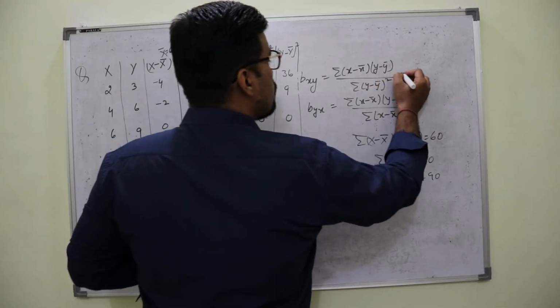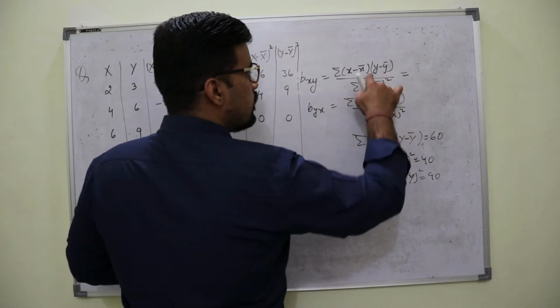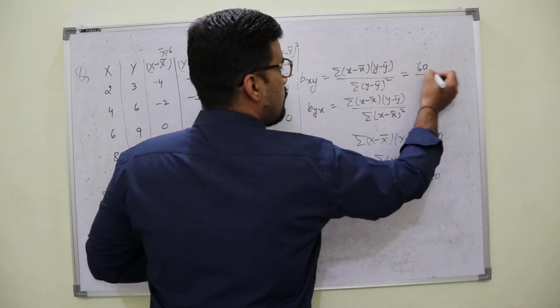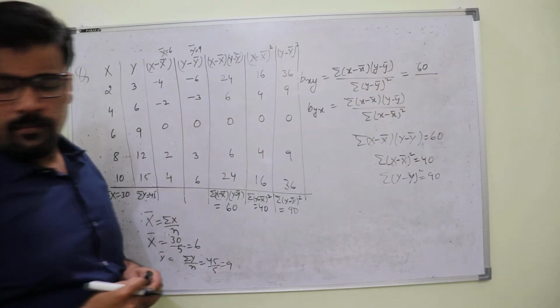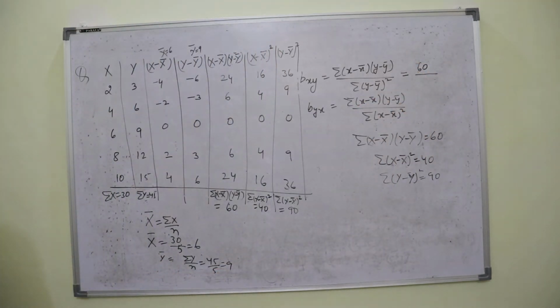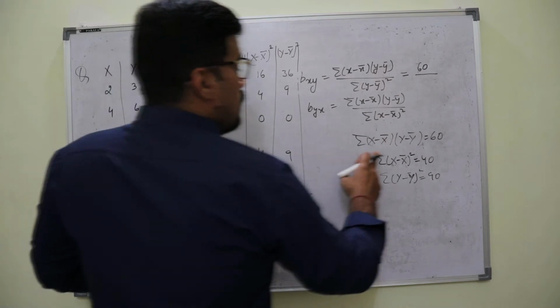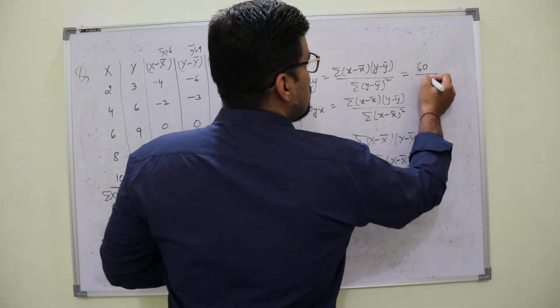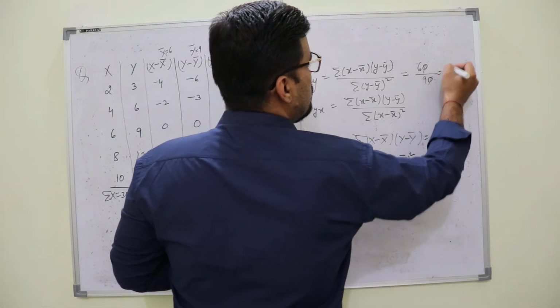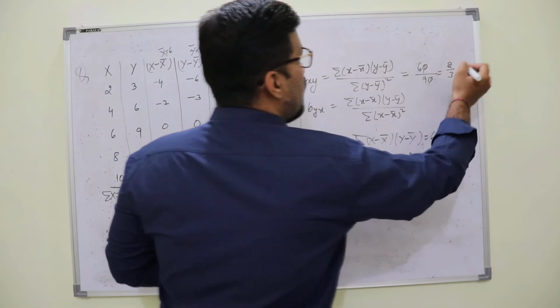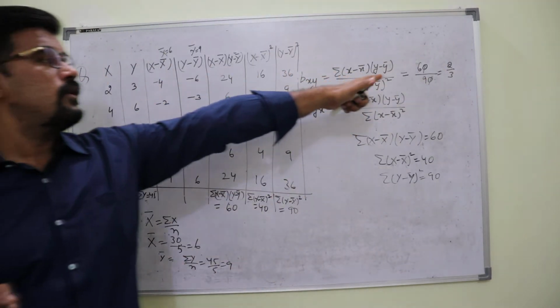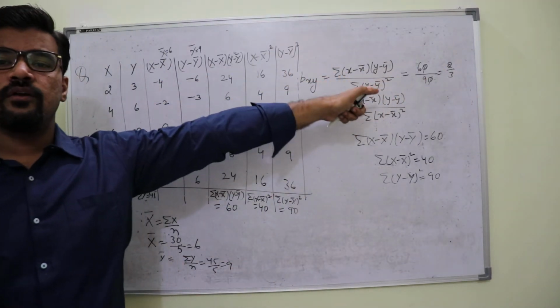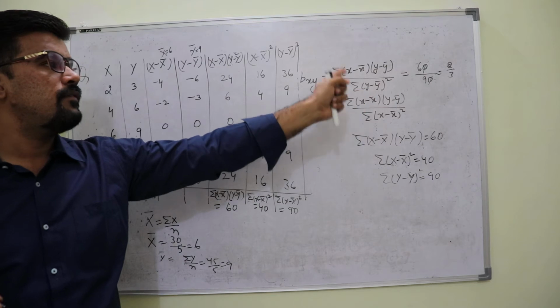So bxy is equal to this value, 60, upon sigma (y minus y bar) square, which is 90. So 60 upon 90. If we simplify it, it is 2 upon 3. I request you to keep it in fractional form. Don't try to find the decimal value if it is not complete.